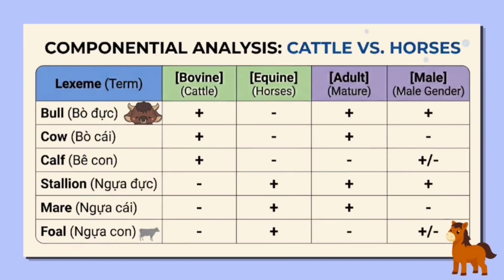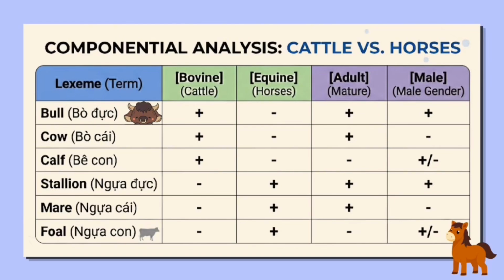And now, let's look at a bigger example, cattle versus horses. Here, we use four features: bovine, equine, adult, and male. Look at the first line. A bull is an adult male cow, so it gets a plus for bovine, adult, and male. A cow is female, so it gets a minus for male.